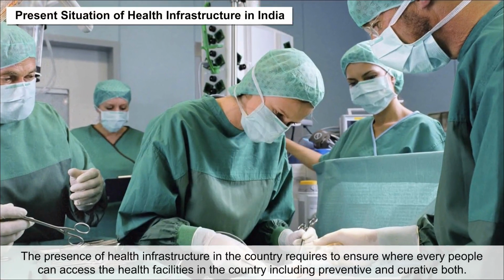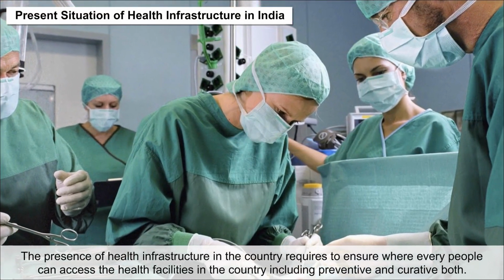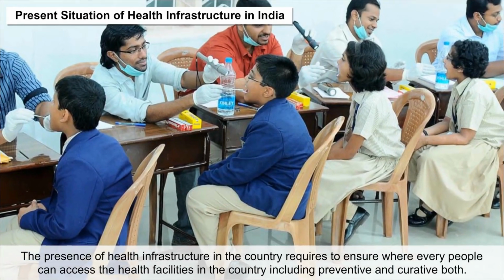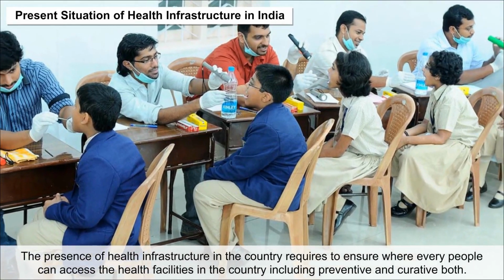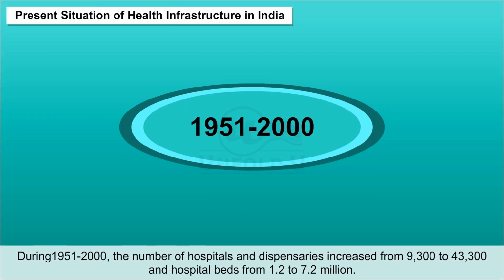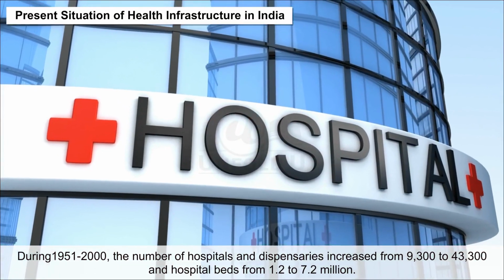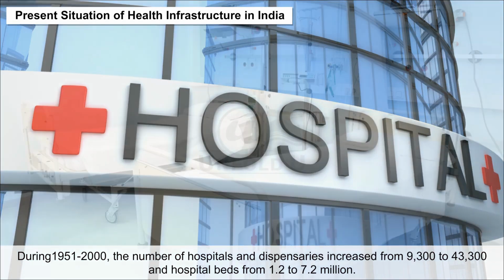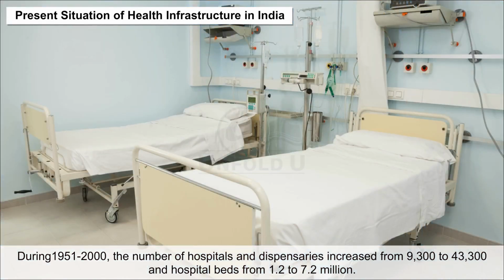The presence of health infrastructure in the country requires ensuring that every person can access health facilities, including both preventive and curative. During 1951 to 2000, the number of hospitals and dispensaries increased from 9,300 to 43,300 and hospital beds from 1.2 to 7.2 million.